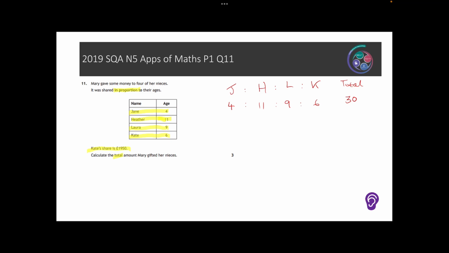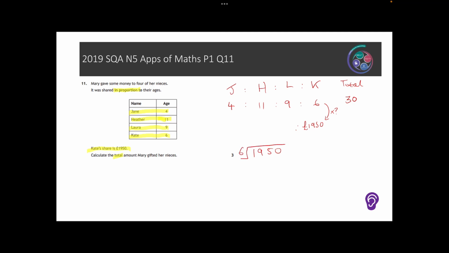Now I know that Kate gets paid £1,950. So I want to work out basically how much Kate's got for every 1 year of her age. And to do that I'm going to think, well, what would I have to times 6 by to get 1,950? Or what is 1,950 divided by 6?